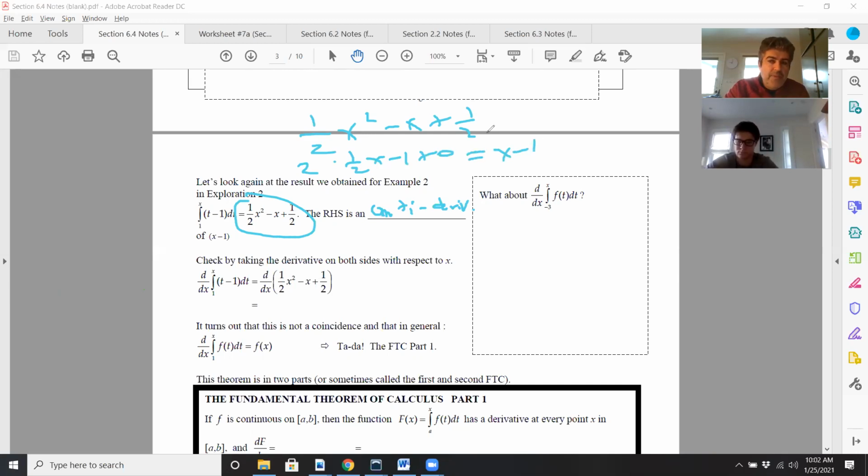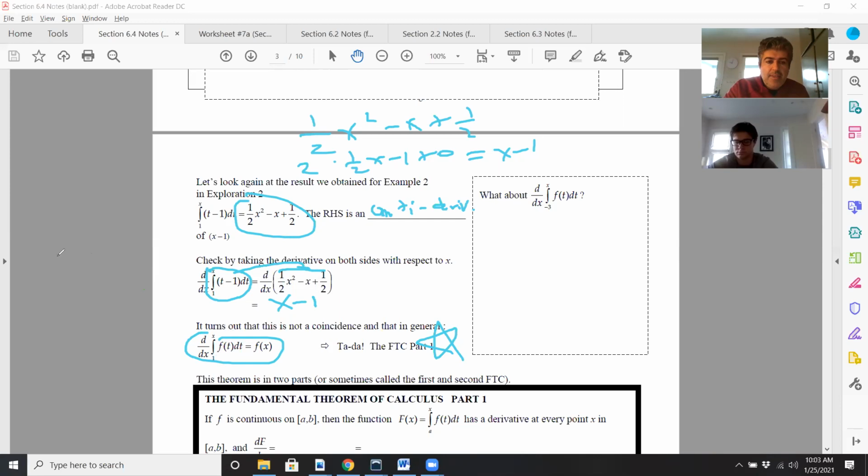So it's interesting. We're starting to see this connection between the antiderivative and the area. And again, if I took the derivative of my integral, I did get x minus 1. So essentially, by doing the derivative of a definite integral, this right here is super important, it gets me back to the original function.